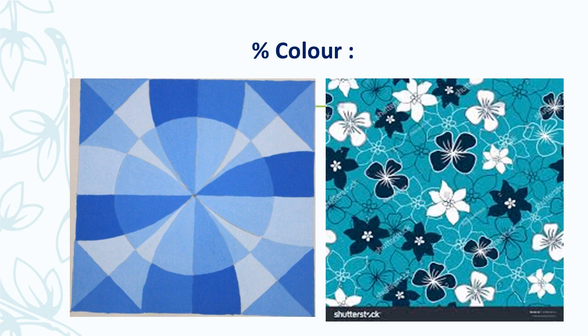In another design, you are finding that black color is there, and then turquoise blue color is there, and white ground. So by using different depths of turquoise blue color at the ground and black color flowers, this is how you can get different depth of the color.